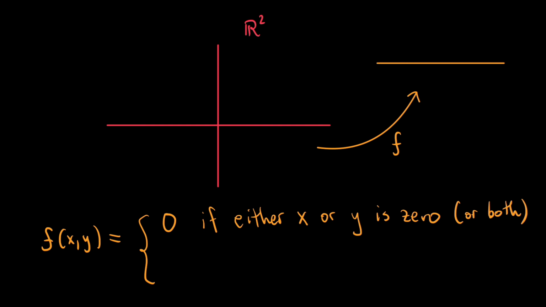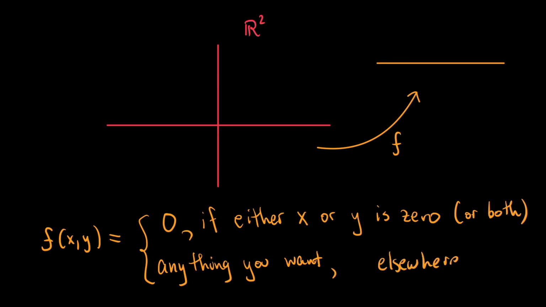Okay, so I'm basically saying that I want my function to vanish on these axes. And then I'm just going to make this be anything you want, just any function you like elsewhere. So off the coordinate axis, just pick this to be whatever function you like.